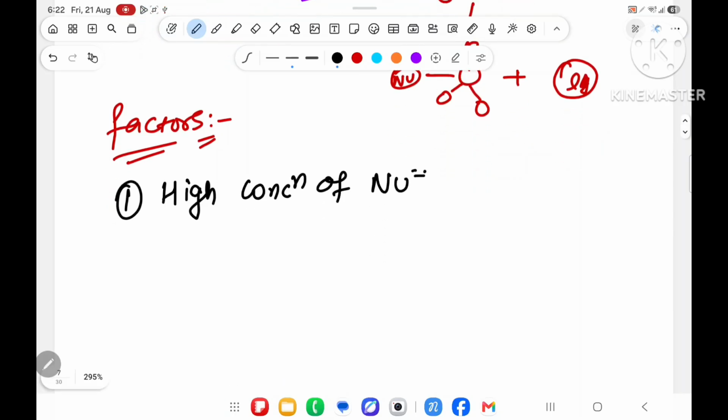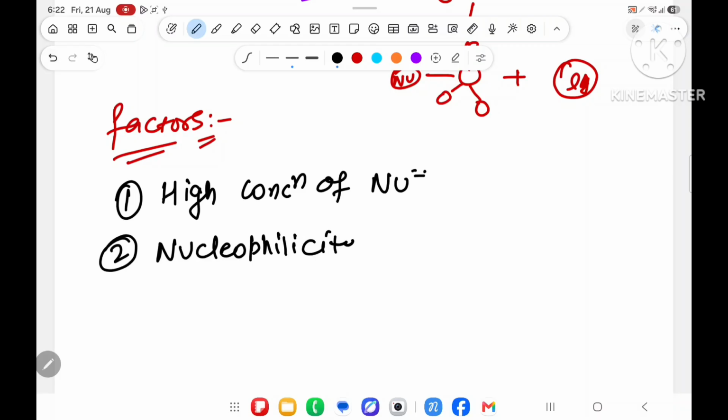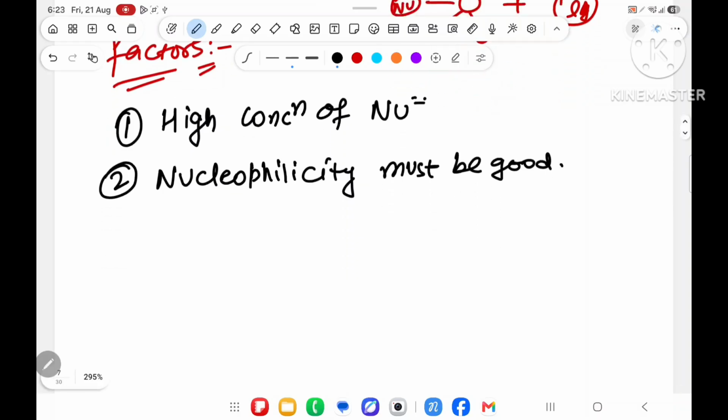The higher the concentration of the nucleophile, the faster it will attack. Second, those that want to attack very fastly, their nucleophilicity must be good.